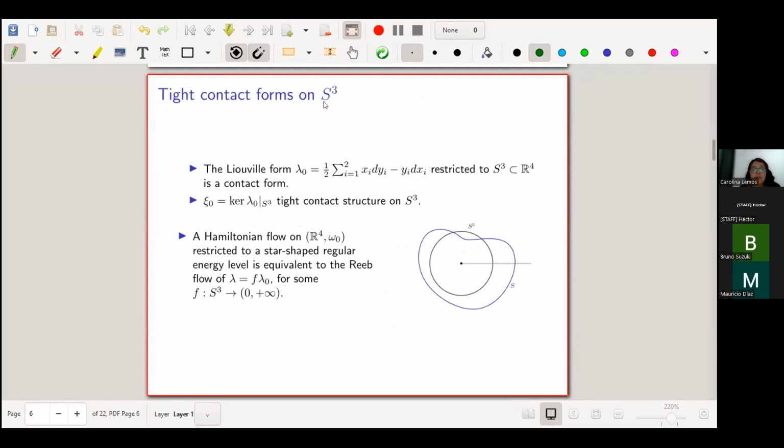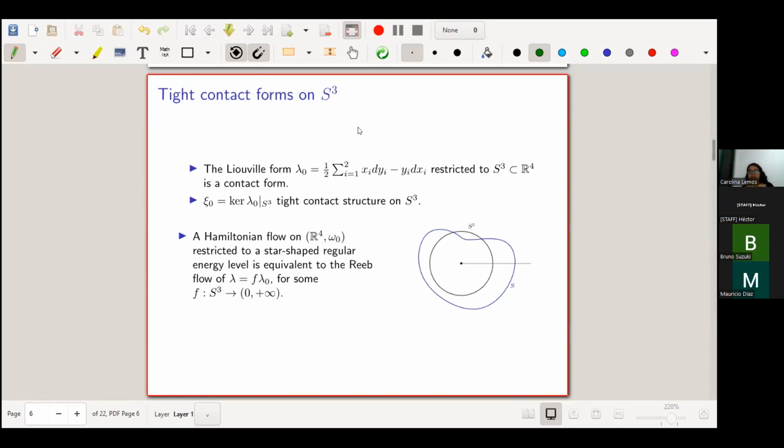So I will talk about a special type of contact forms on S3 that are called tight contact forms. And the definition is the following. I will not explain exactly what a tight contact form is in general, but in S3 they are very simple to define.